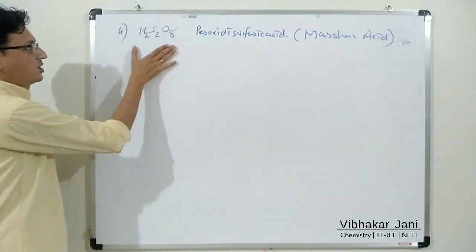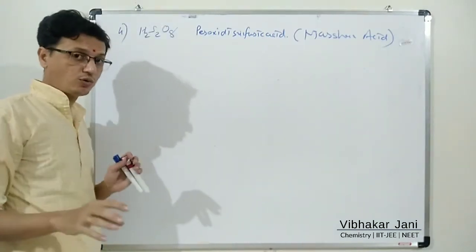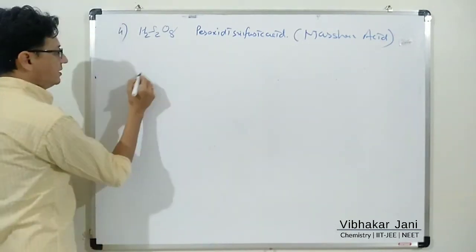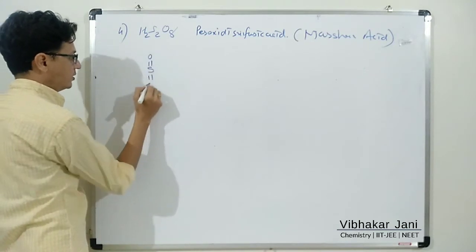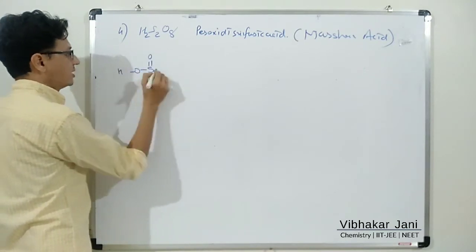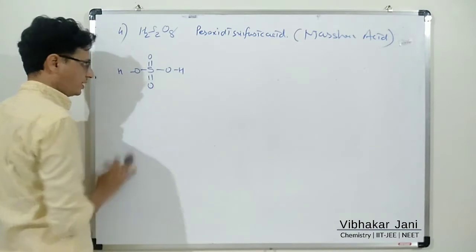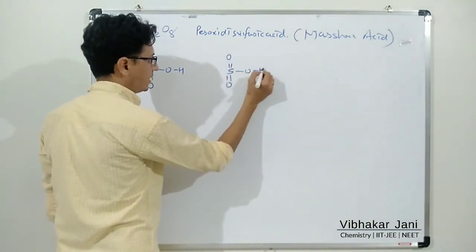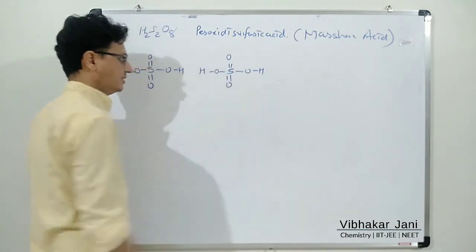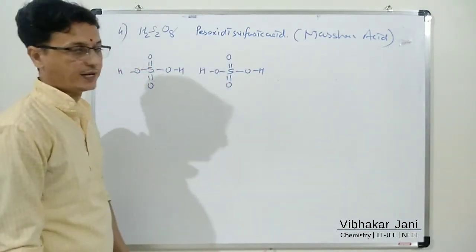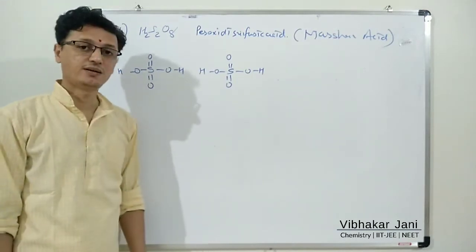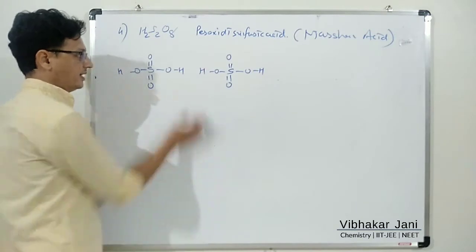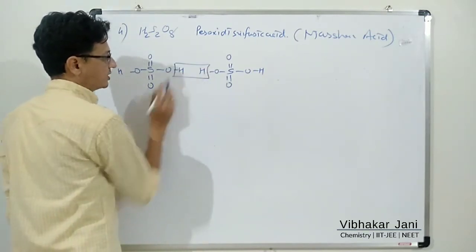Okay, now let us draw the structure of this compound. We have to draw two sulfuric acid structures. One: S double bond O, S double bond O, OH, again OH. This is one molecule of sulfuric acid, and the other is S double bond O, OH, OH. This is the second molecule of sulfuric acid. Now, as it is peroxy, there will be an O single bond O. So to make it, we have to remove two hydrogens.